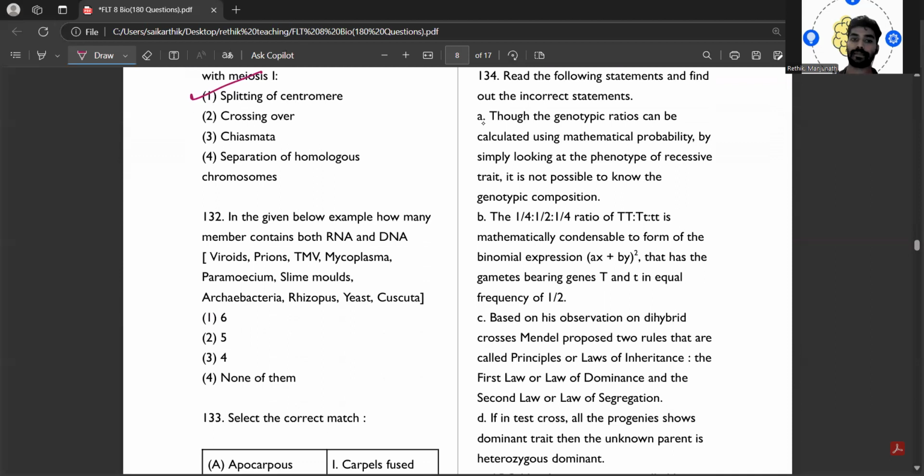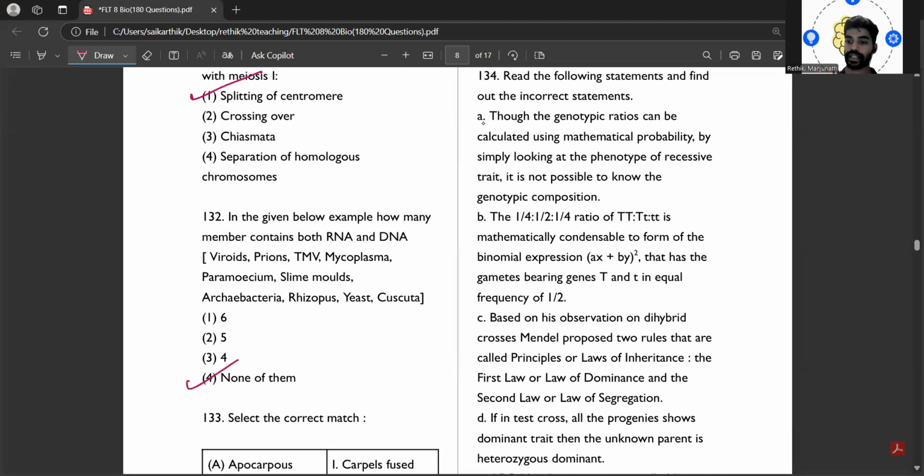In the given examples, how many members contain both RNA and DNA? Viroids, prions, TMV, that is tobacco mosaic virus, mycoplasma, slime molds, and you also have archaebacterium, rhizopus, and yeast plus cuscuta. What might be the answer?